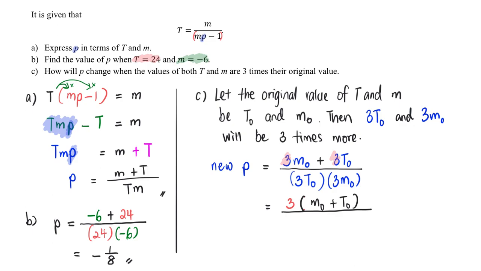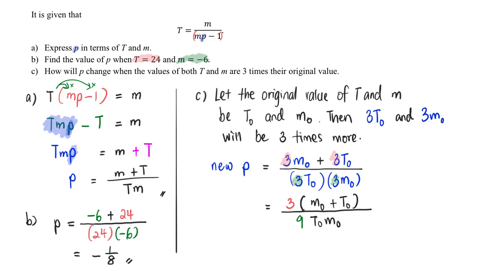And I also saw 3 times 3 equals to 9. I still have my T0 M0, 9 T0 M0.